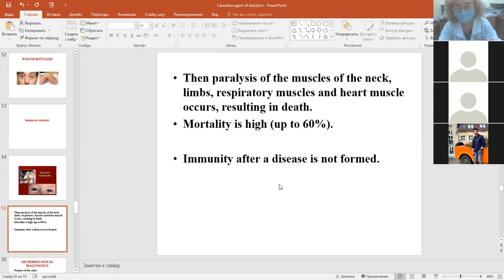So immunity is not developed. And if a patient did recover from botulism one time, again, he is able to be infected by this botulinum toxin again. He has no immunity anyway.